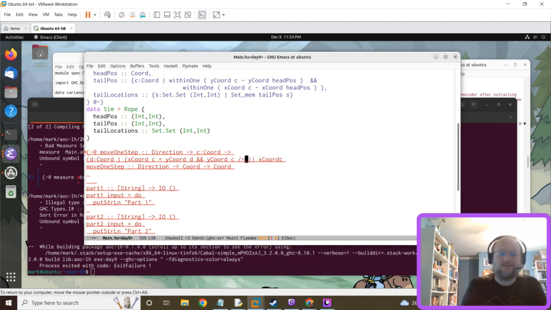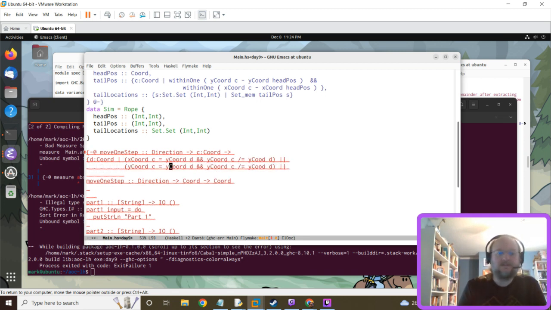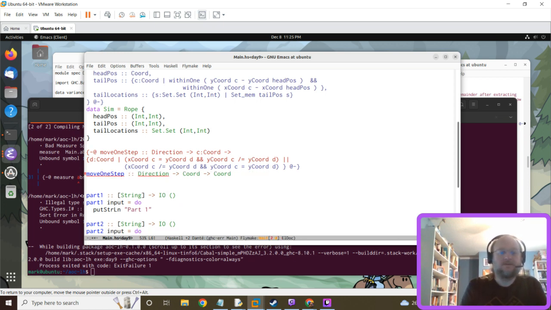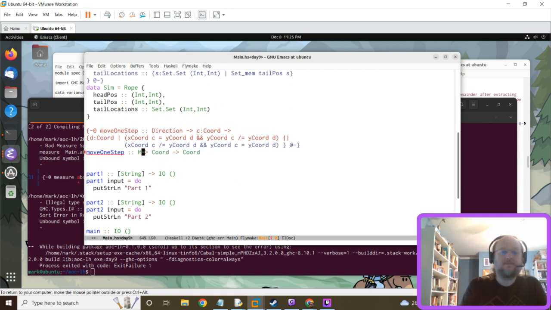And y coord not equal, or... let's write it this way. Not direction. Right. Distance.